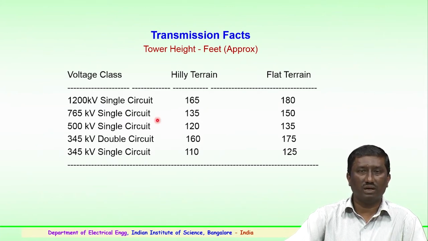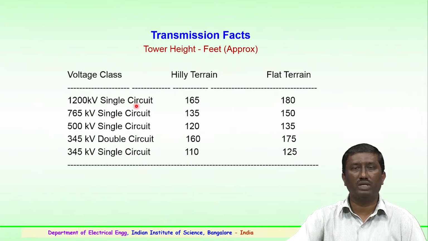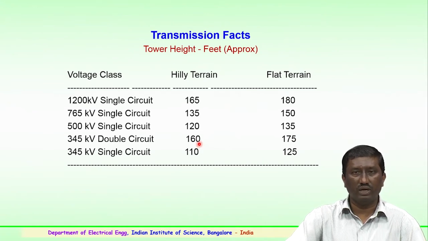You can see the various voltage classes, say for a 345 or 400 kilovolt single circuit, a double circuit, a 500 kV single circuit, a 765 or 800 kV single circuit and a 1200 kV single circuit. Two options are given here. One is for the hilly terrain, where the land is not planar and the terrain is uneven in nature, and the other is for a flat terrain.